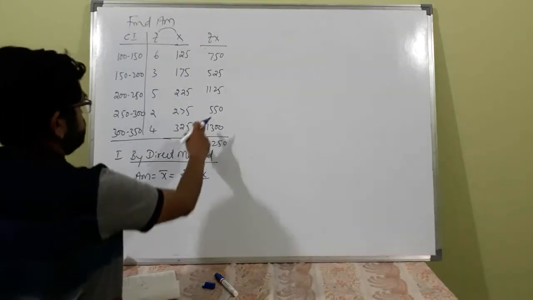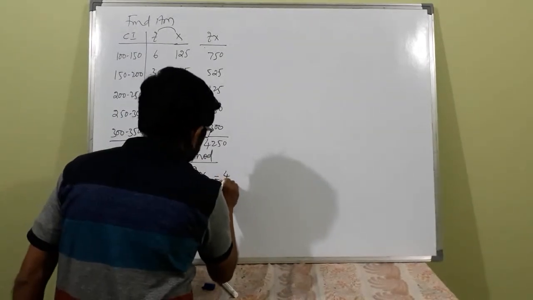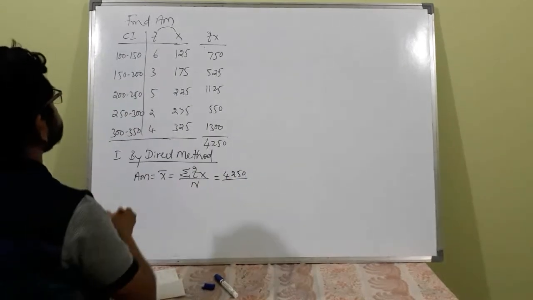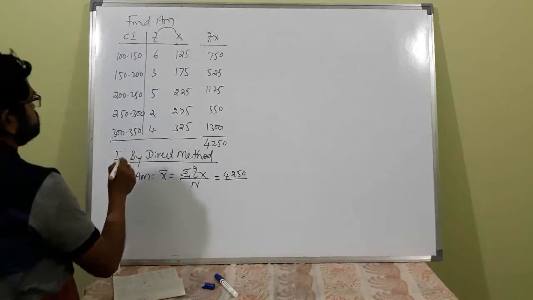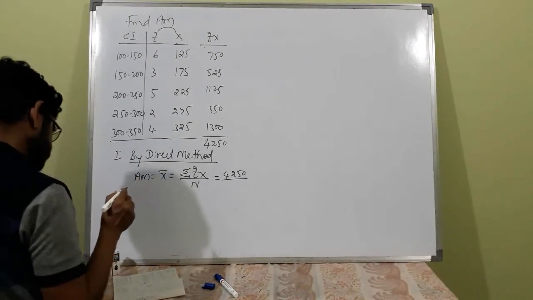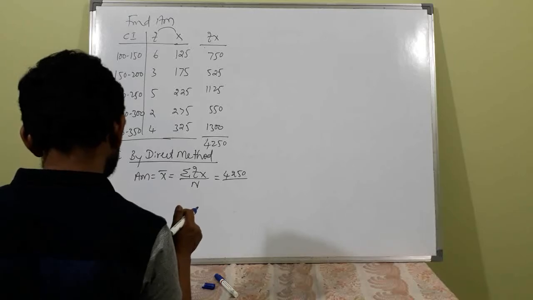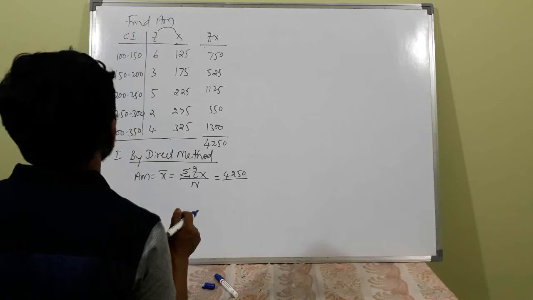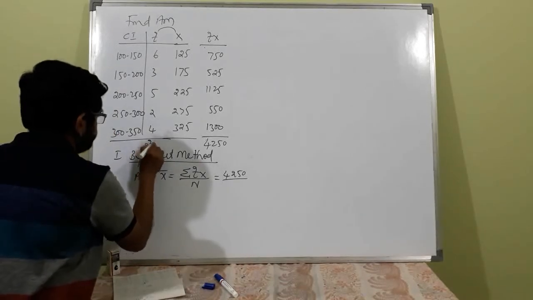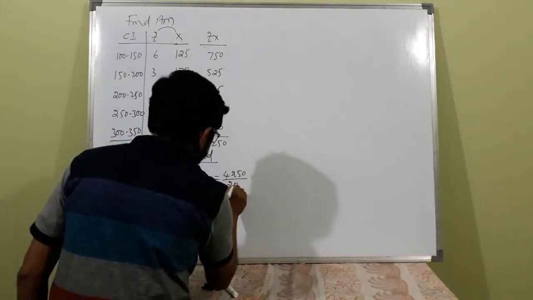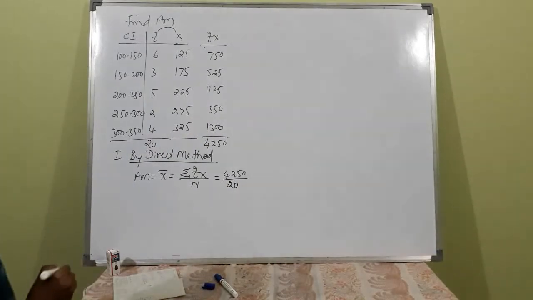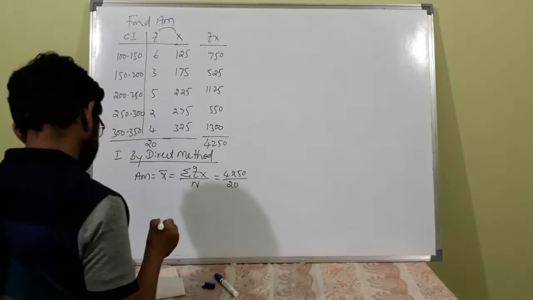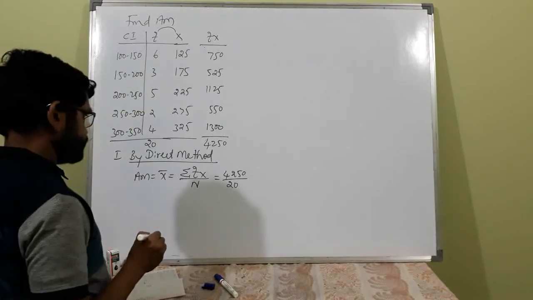Now 4250 divided by this n is 8, how much it is? 6 plus 6, yes, 12, 20. 20 means 212.5.